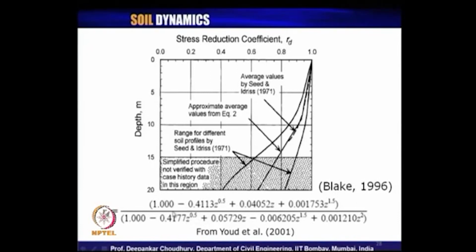So, nowadays this is the expression which is commonly used to find out the value of r_d. So, you have seen now the development of expressions for r_d, how it varies with respect to depth. With increase in depth it decreases, and Seed and Idriss proposed something, later on Liao and Whitman changed it, and finally Blake's equation was proposed, which is now worldwide used for computation of r_d.